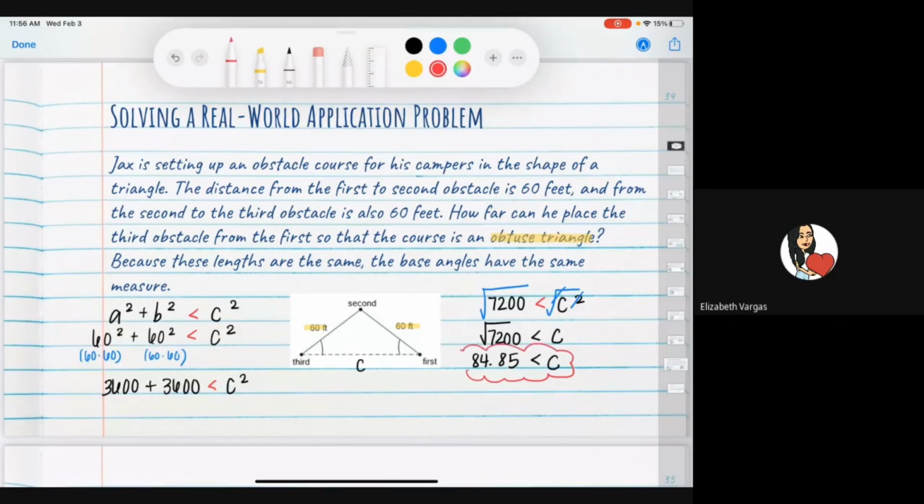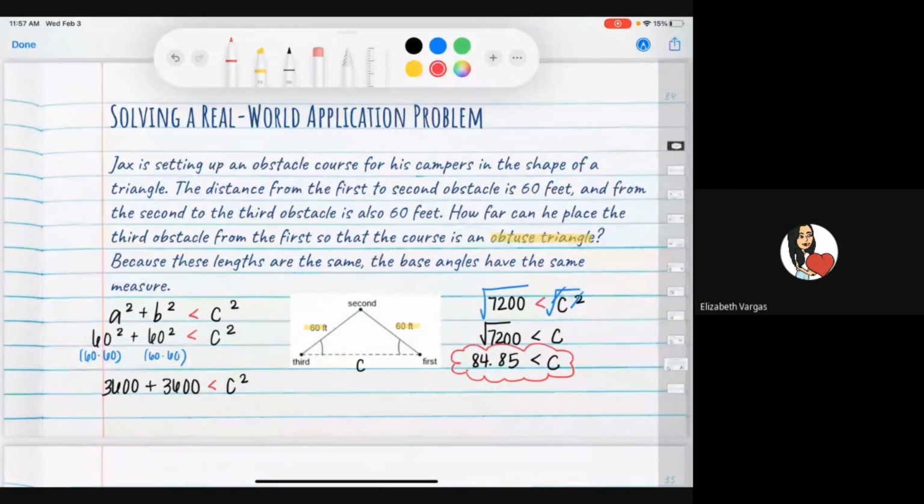And so this gives me my answer, which basically says that C must be greater than 84.85. So any number greater than 84.85 can be my C in order to make this obstacle course obtuse.